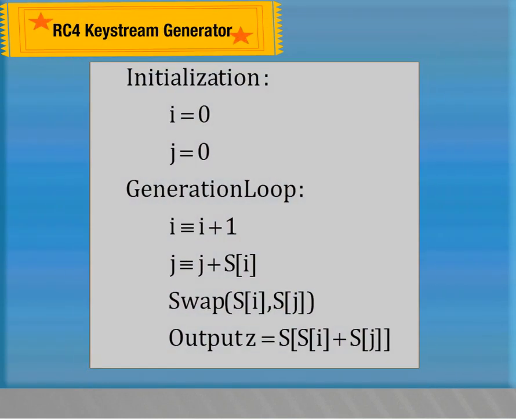Initialization: i = 0, j = 0. Generation loop: i = i + 1, j = j + S[i]. Swap S[i], S[j]. Output z = S[(S[i] + S[j])].